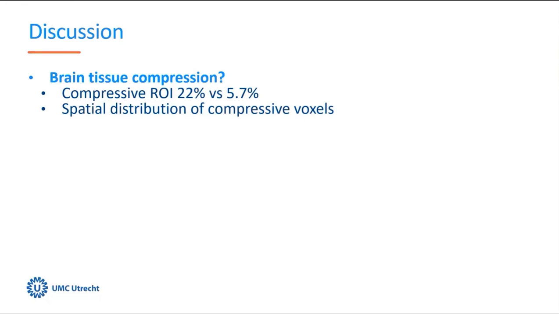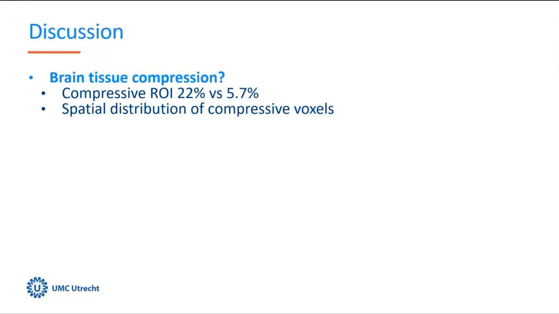And if you leave out all the compressive voxels that came out of the count map but didn't come out of the clustering, you would see that the behavior didn't show this cardiac compressive cycle anymore.